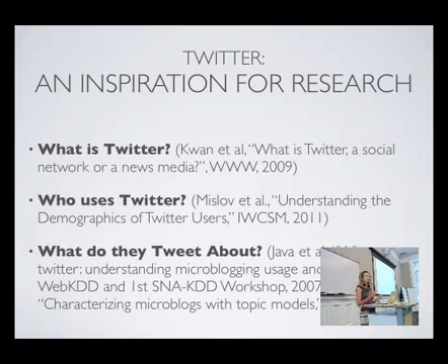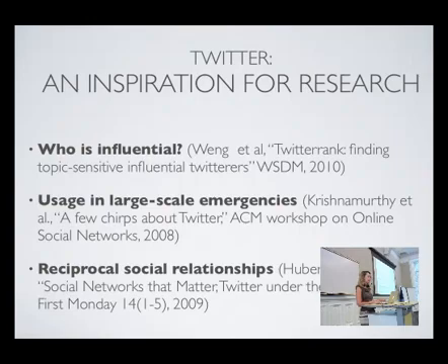There's endless work you can do on trying to automatically analyze and taxonomize the content of the tweets, or analyze the network structure and the users. Who is influential? What is the Twitter network? What do Twitter networks mean? That's another line of research. The Wang et al. paper on TwitterRank is one that people cite a lot. Then there are a lot of applications.